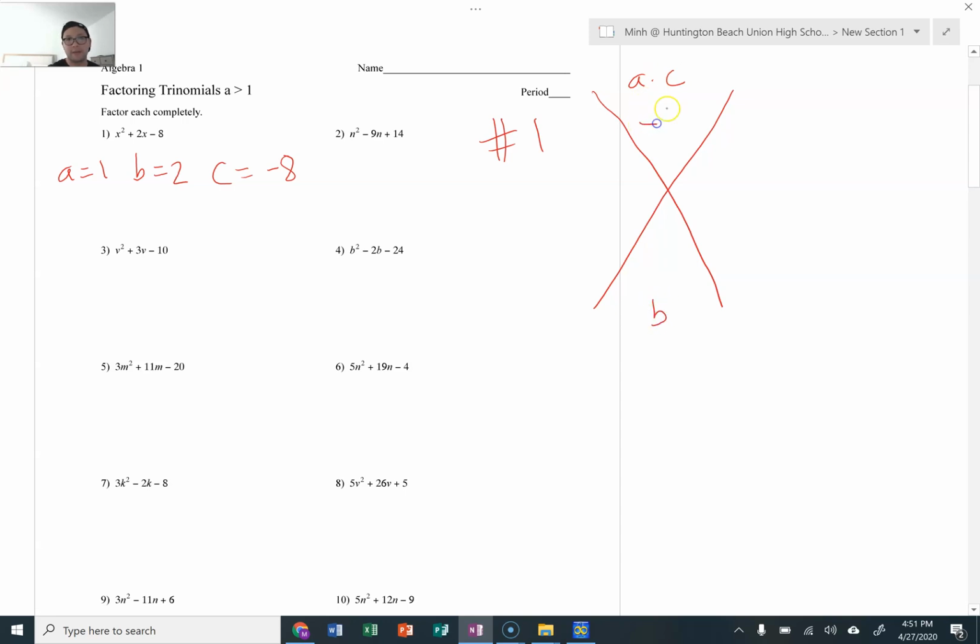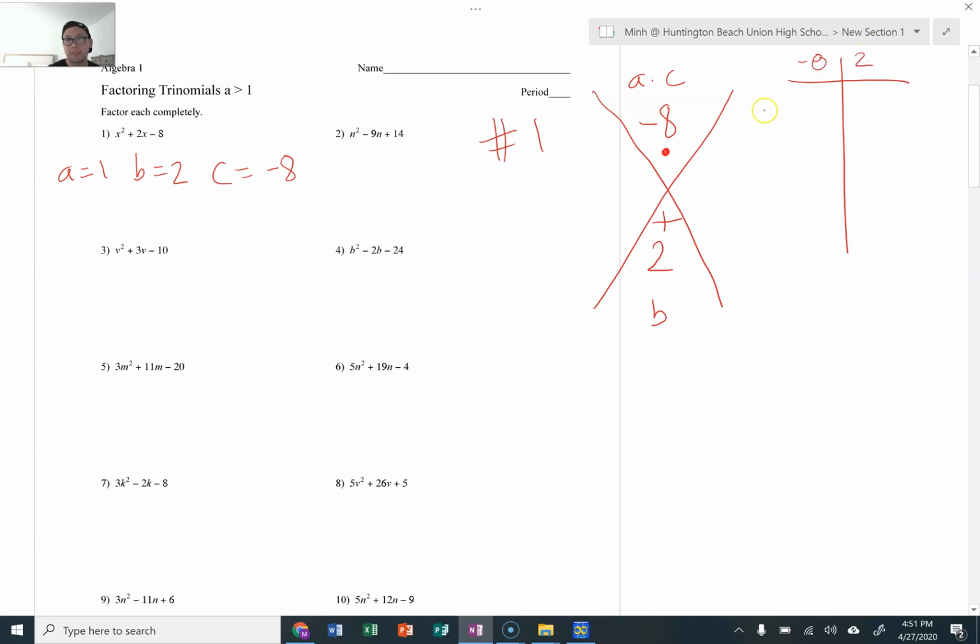A times c is negative 8, and the bottom is going to be positive 2. And then we came up with, what times what will get me negative 8, but when we add those two exact same numbers, will get me positive 2. So, coming over here, we have negative 8 and positive 2.